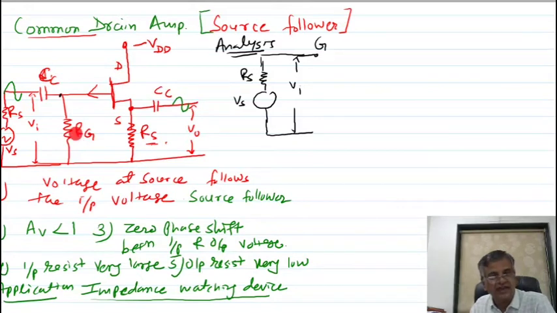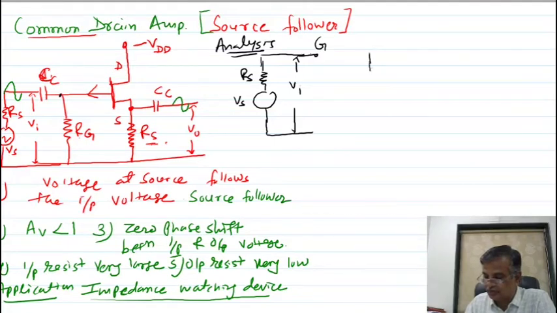This is very large, so I am not considering it in the equivalent circuit. This FET works as a current source, which I am showing you.